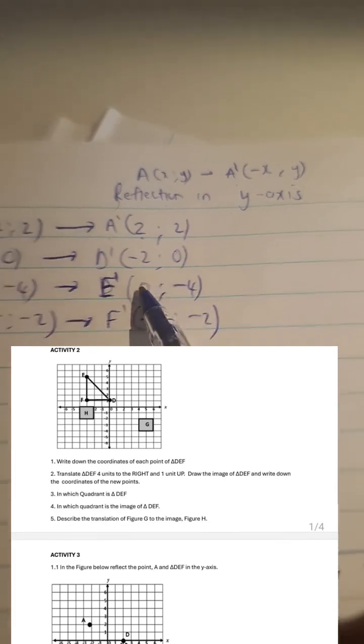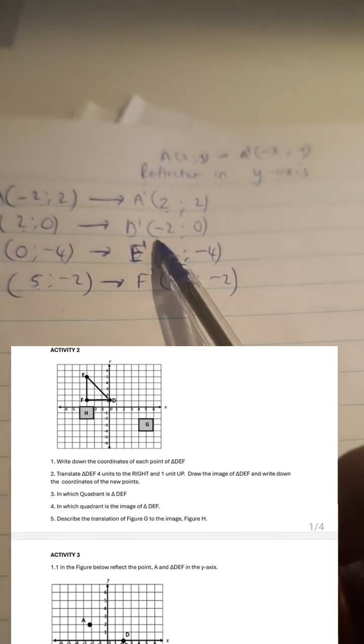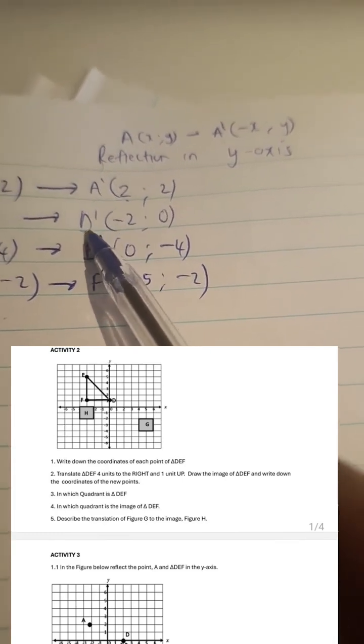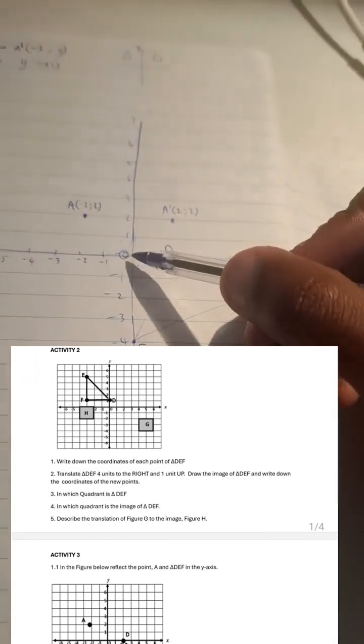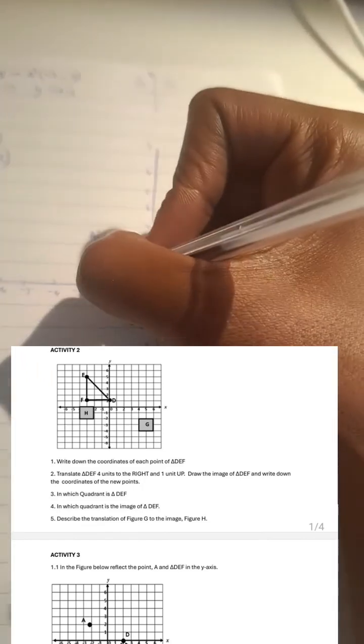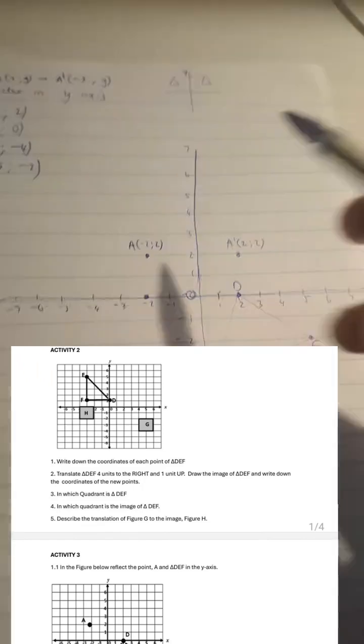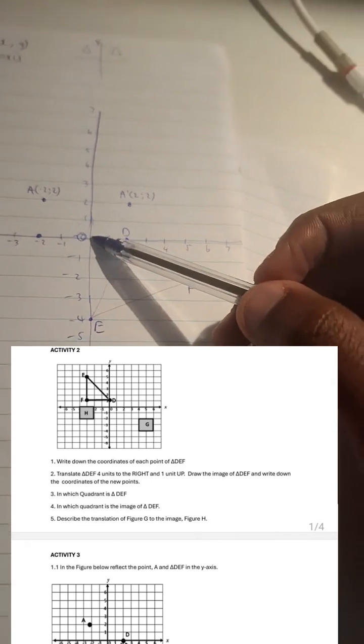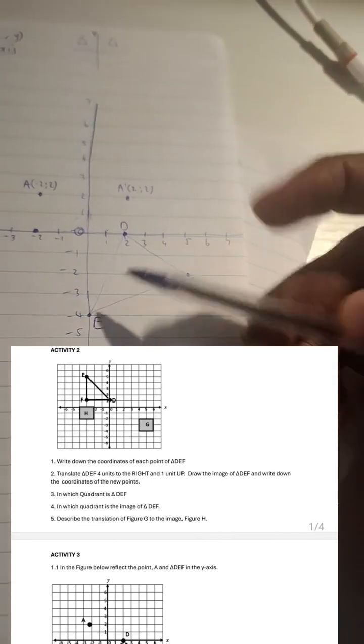All right, now let's write down the image of DEF, reflected along the y-axis. So D, negative 2 and 0. So negative 2 and 0, we are here. 0 and negative 4, where x is 0, y is negative 4.